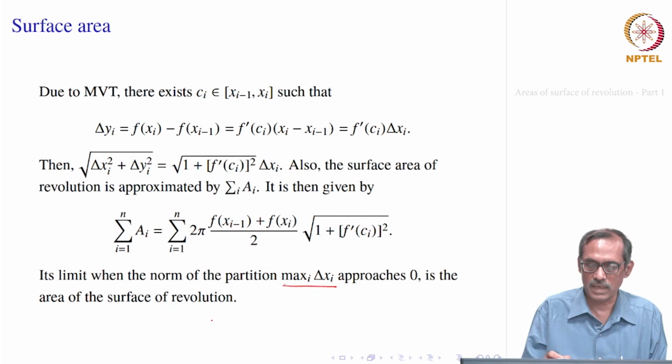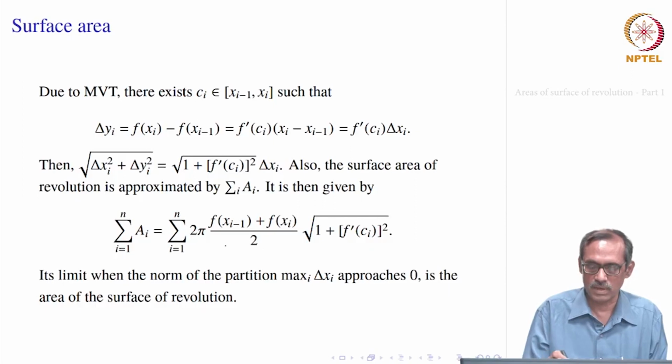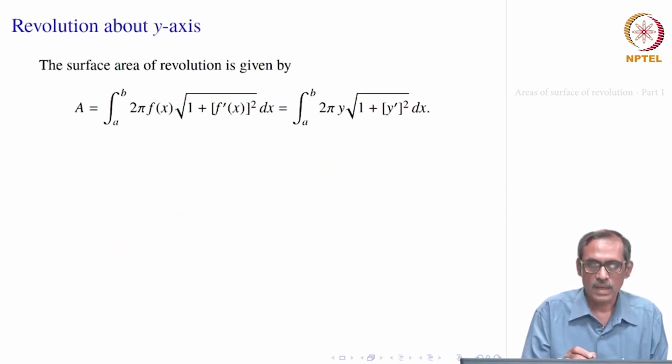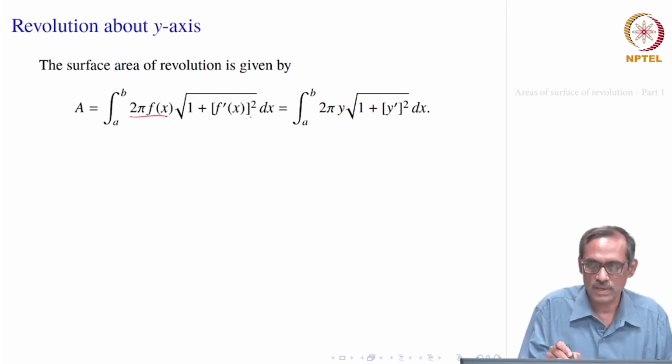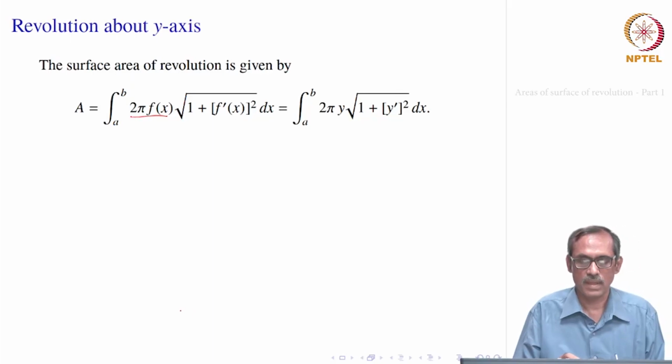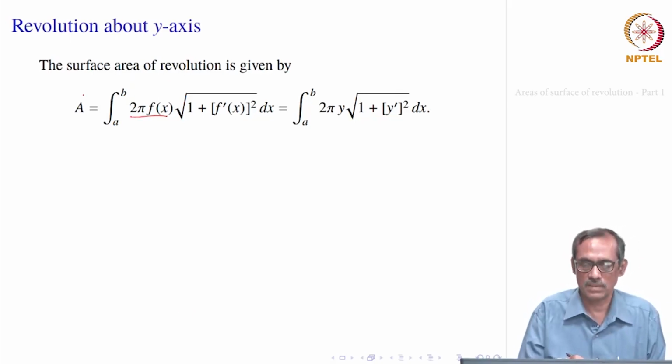So, what do we get in the limit? It will be 1 plus f prime(x) squared, and then it will be an integral for dx, and this one will become y, the height y. So, we get 2 pi f(x) times the square root of 1 plus f prime(x) squared dx. That will be the definition of surface area of revolution for us.